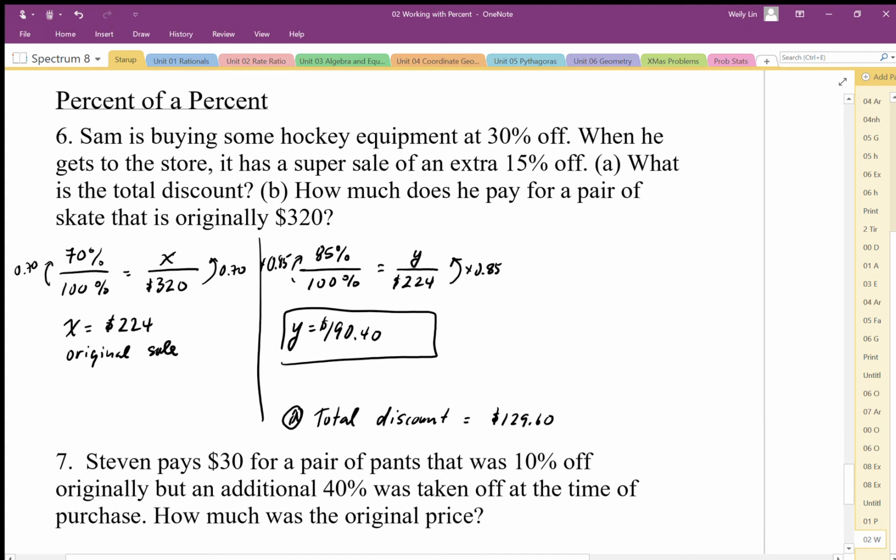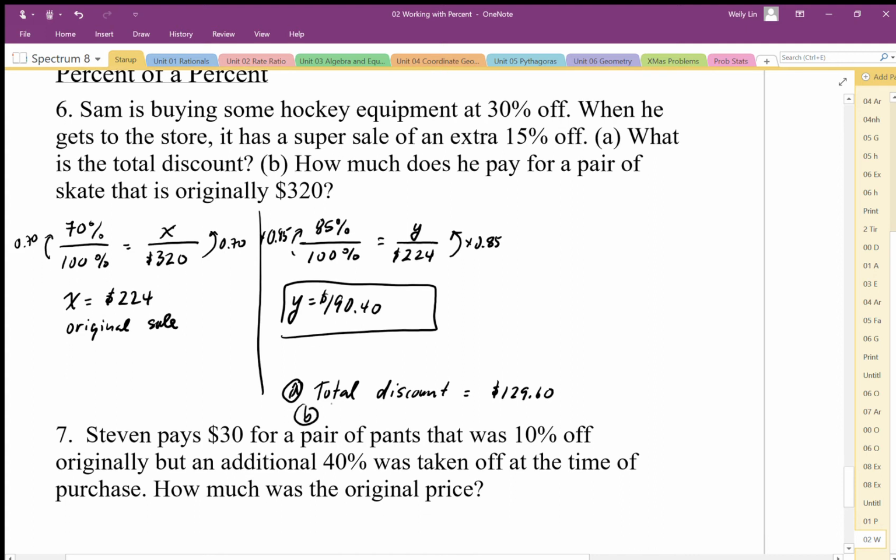He pays $190.40. Now please understand that this is not 45% off, because if I were to work out 45% off, that would have been $144. So it's less than 45% off.